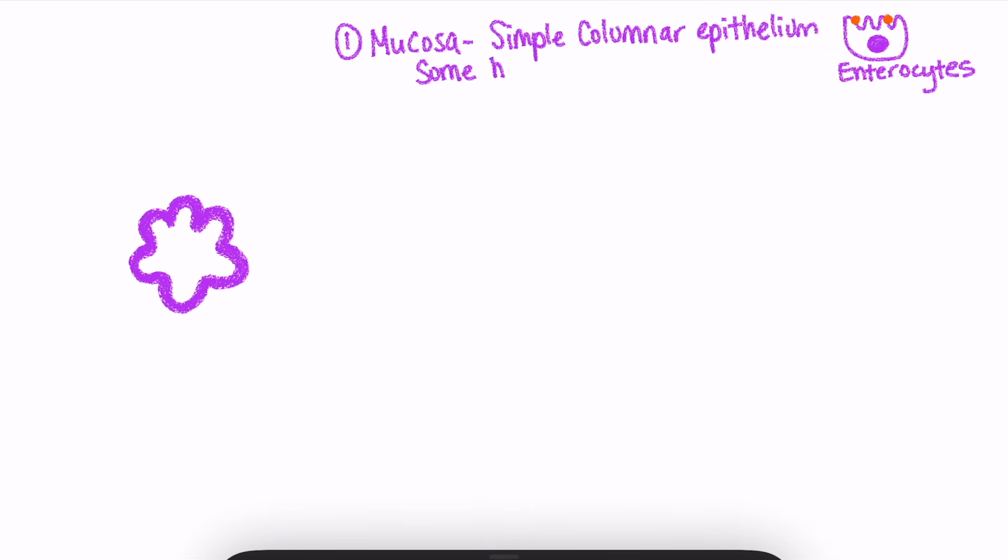So we'll put some have brush border enzymes to help out, because the pancreas has most of the enzymes, but we do need these brush border enzymes. If someone has a disease like celiac, it can affect their brush border enzymes, their ability to be healthy and have enough of them.